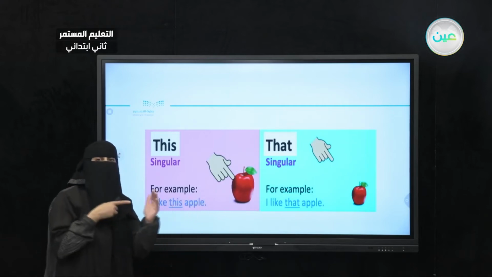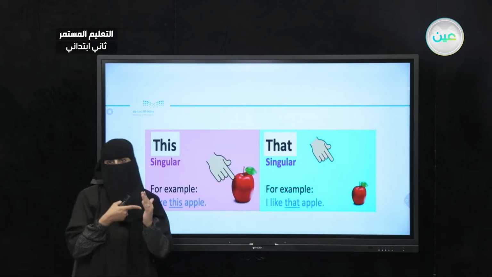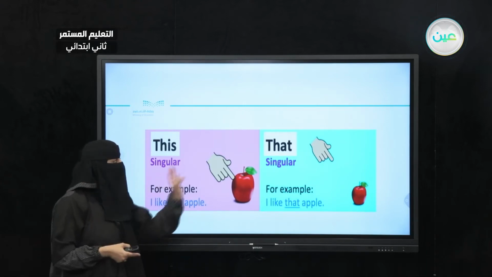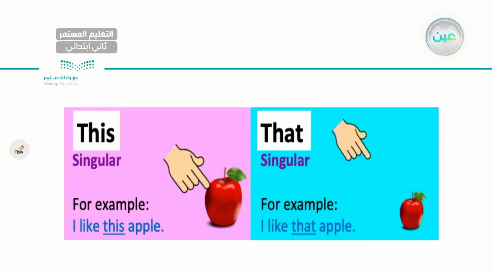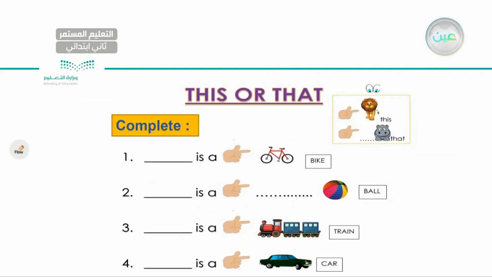He's pointing at an apple that is really close to him, near him. But for that, which is also used with singular, he's pointing at an apple that is far away from him. I like that apple. So this when it is near, that when it's far.